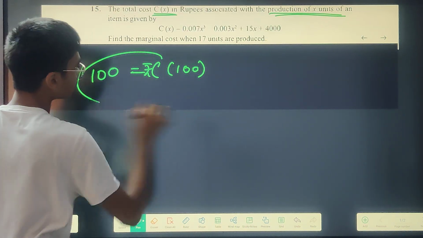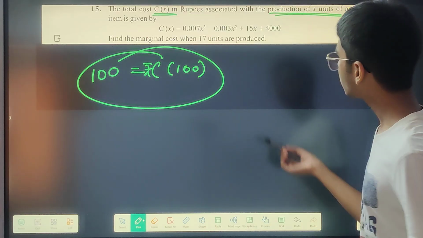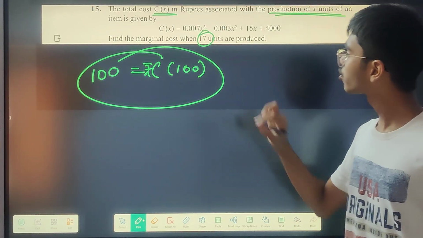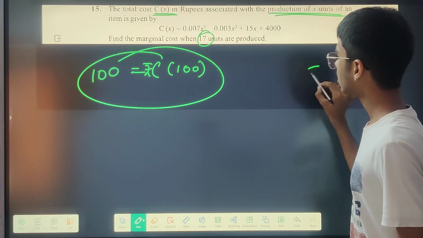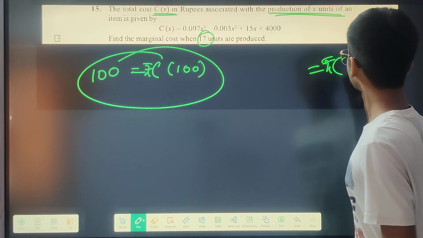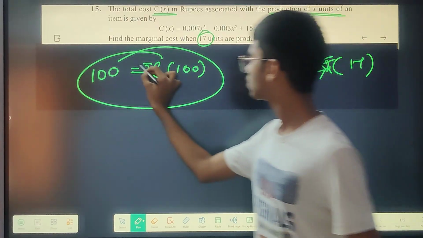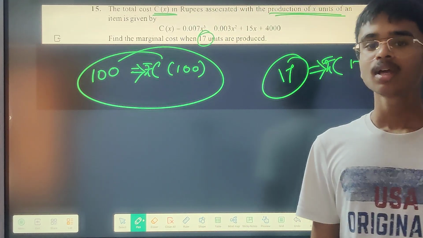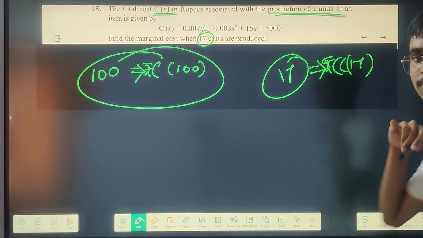Then to produce 17 units, the general cost, not marginal cost, is going to be C of 17.